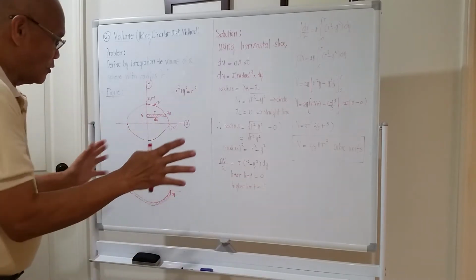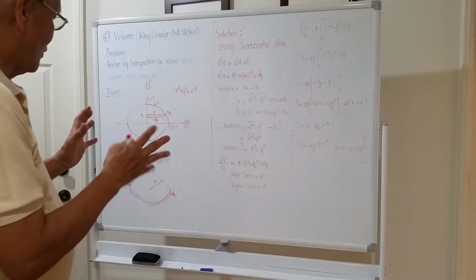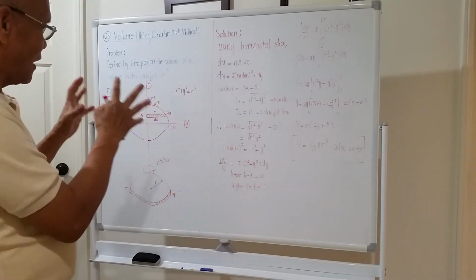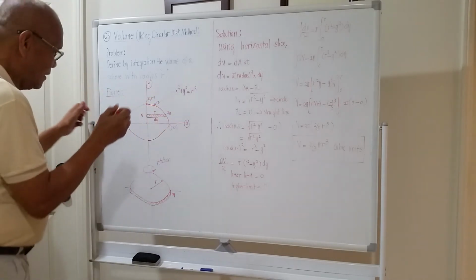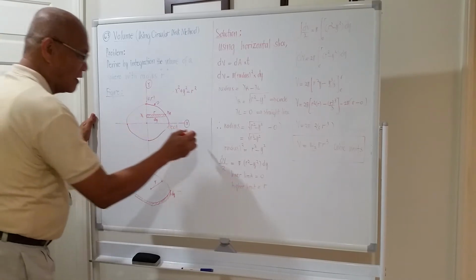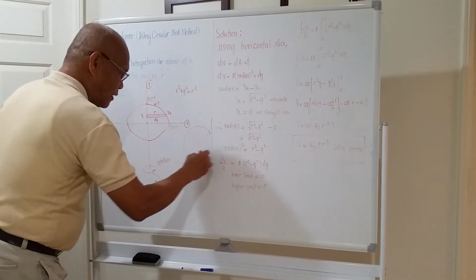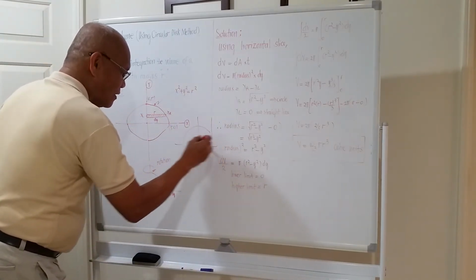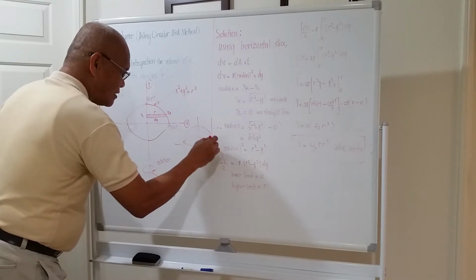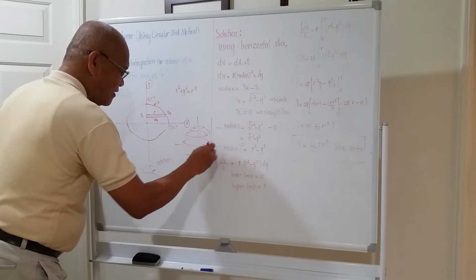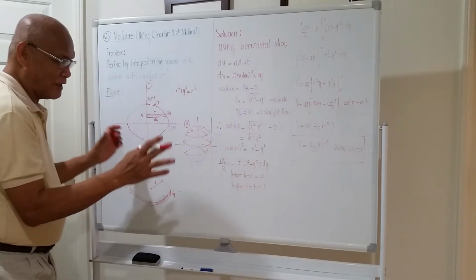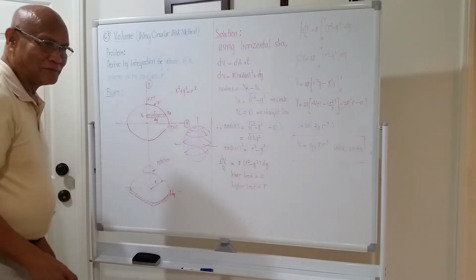If you are in front, what you will see is simply a circle. But in reality, the sphere is something like this. So actually, it contains a volume inside.